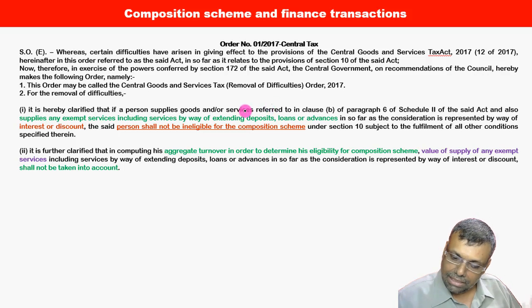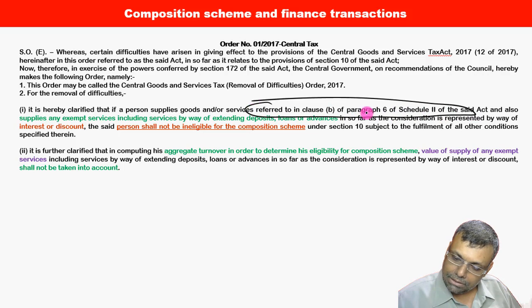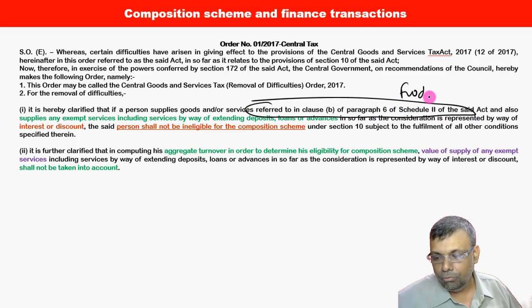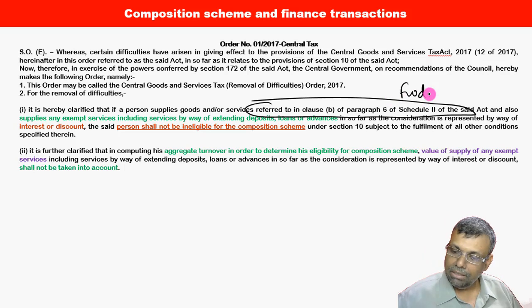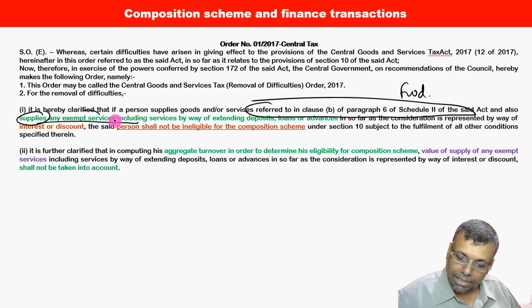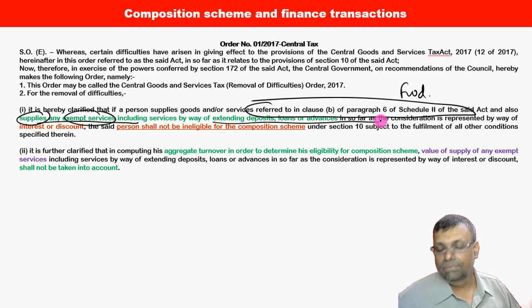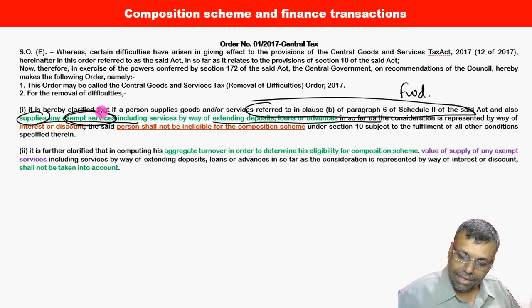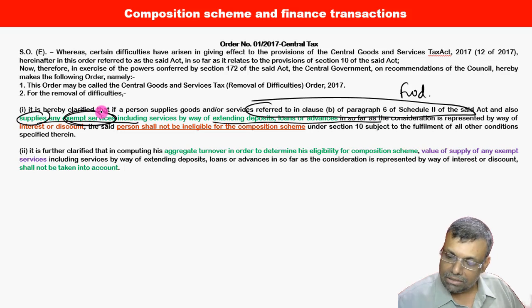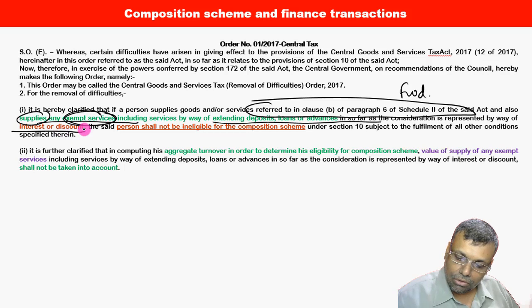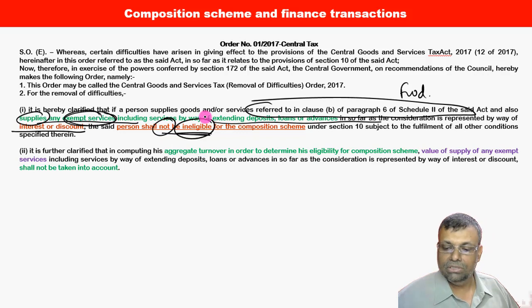Now further it says that for those people who are covered by clause B, paragraph 6, which is basically your food supplies, basically restaurant people, and who also supply some exempt services, including services by way of extending deposits, loans, advances, and so on. So if these restaurant people had some financing transactions in the form of exempt services, and they have got any interest or discounts because of this financing transaction, the person shall not be ineligible.